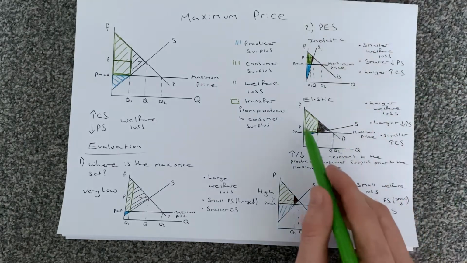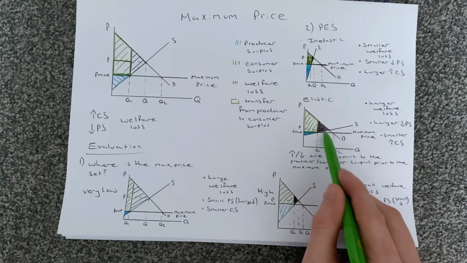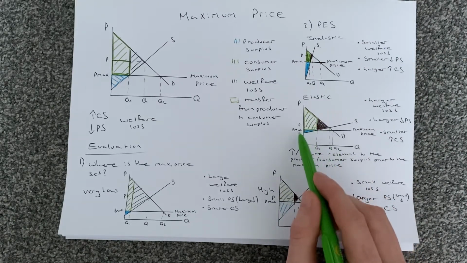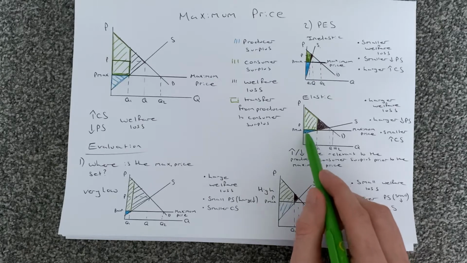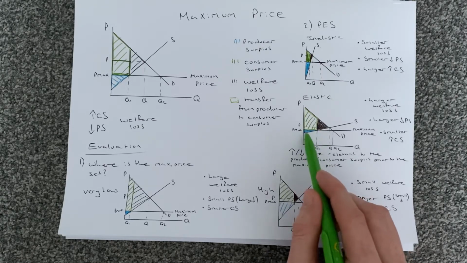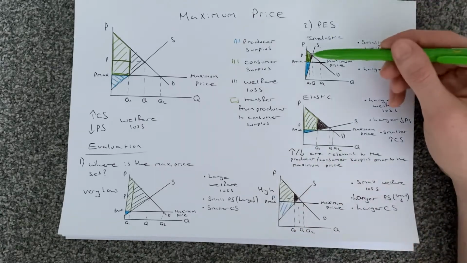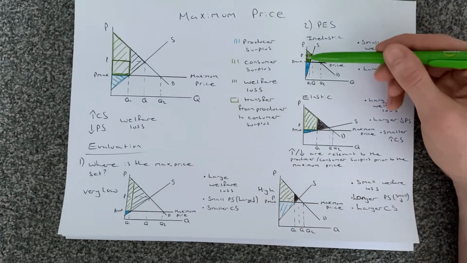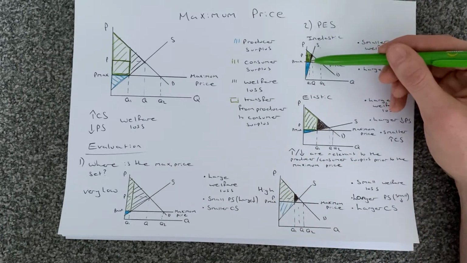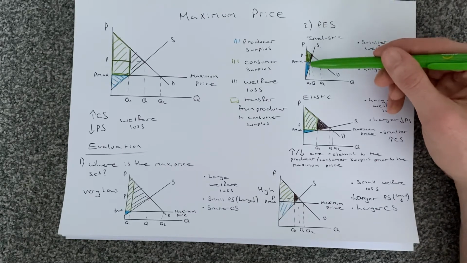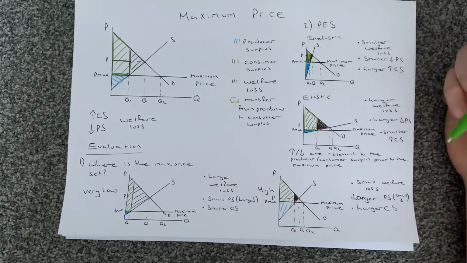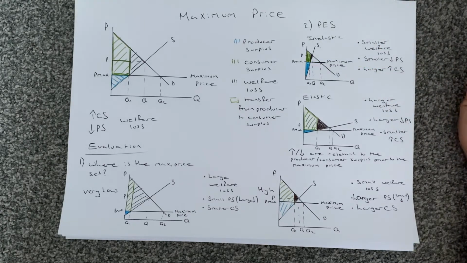So the original producer surplus would have been this triangle here, and the majority of that has been reduced to this small producer surplus here, whereas in this scenario there's only been a smaller decrease in the producer surplus, because actually we maintain the majority of the producer surplus despite having a maximum price imposed.